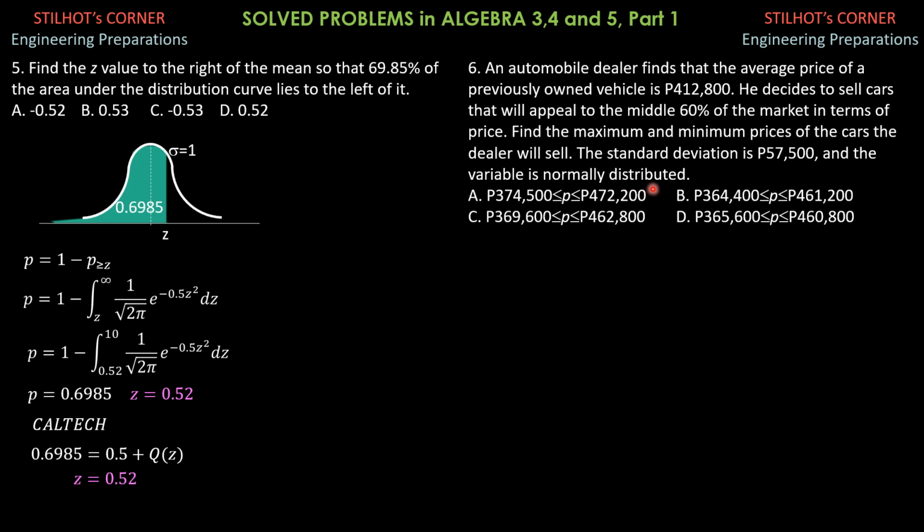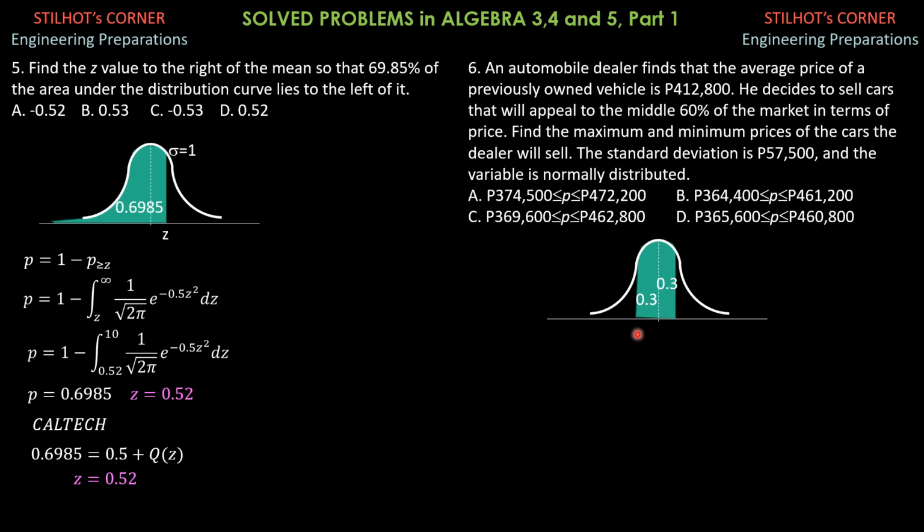So this time we still use the calculator, and we'll find the z-score corresponding to, because this is the middle 60%, meaning just to the left and just to the right of the mean would be 30% or 0.3. So this is the guide, and we'll find the z-score such that the area bounded by that z-score, left portion to the mean, is 0.3, and from the mean to the right, that's also 0.3, so that's 60% or 0.6.